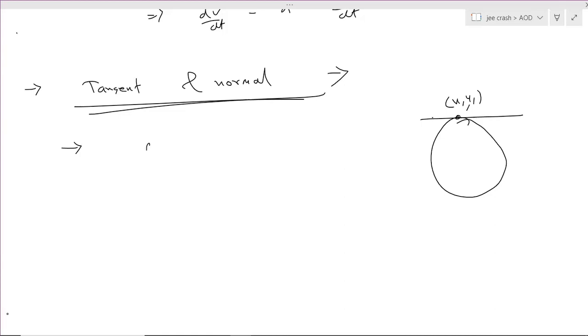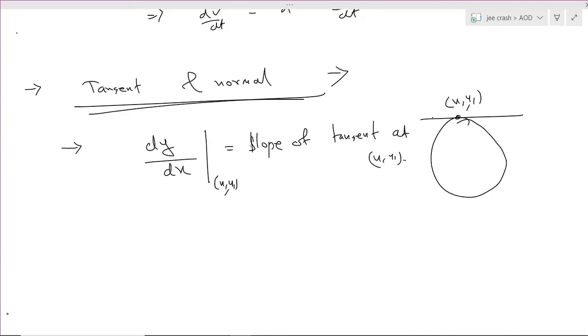Remember this, whenever you differentiate a curve, this gives you the slope of the tangent. If you put the values x1 comma y1, then it is the slope of tangent at x1, y1. Suppose this is m1, then the slope of normal will be minus 1 upon m1.